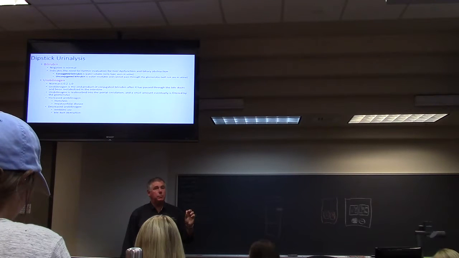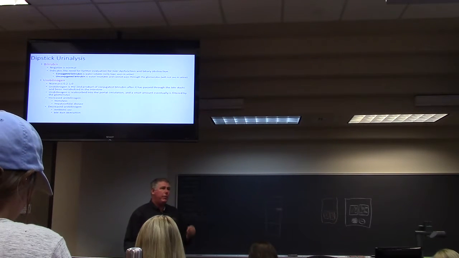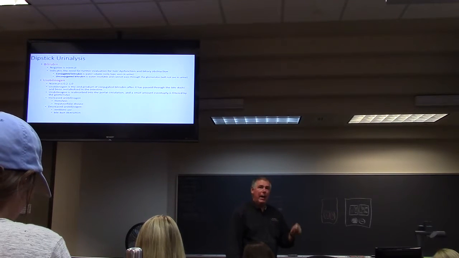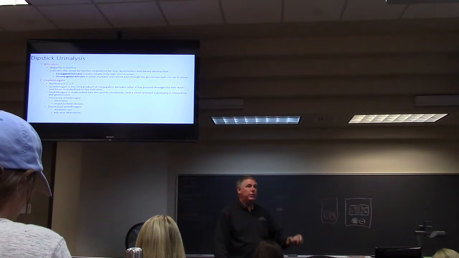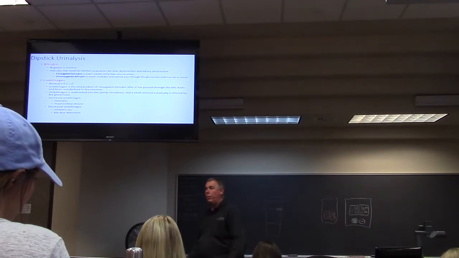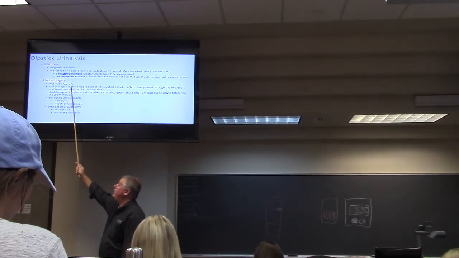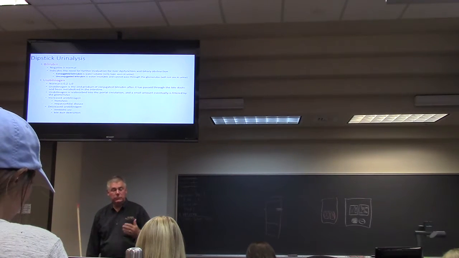Urobilinogen, you normally have a small amount of urobilinogen. Remember, you make urobilinogen once bilirubin has passed into the gut. The GI bacteria convert that to urobilinogen, and it can be reabsorbed and show up in the dipstick.